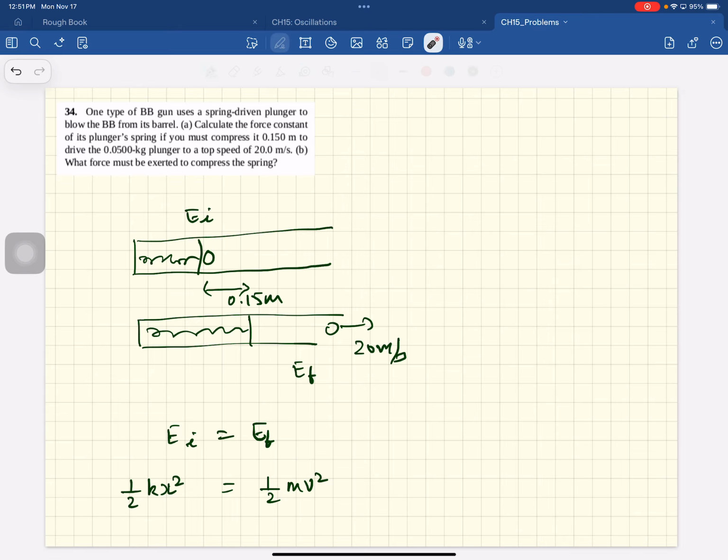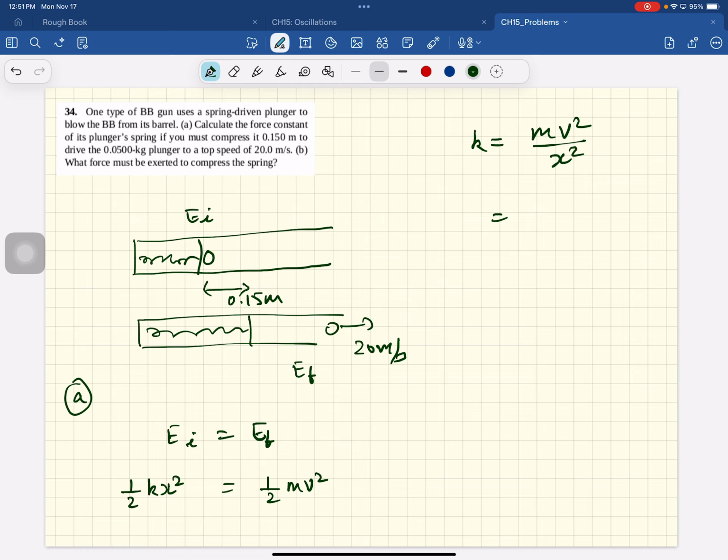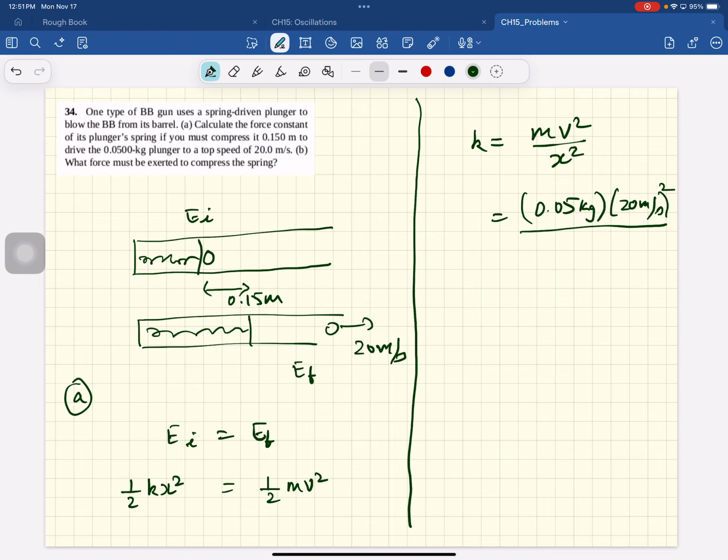Okay, so that's part A. So you have k equal to mv squared over x squared. m is 0.05 kgs. All right, so this works out too.